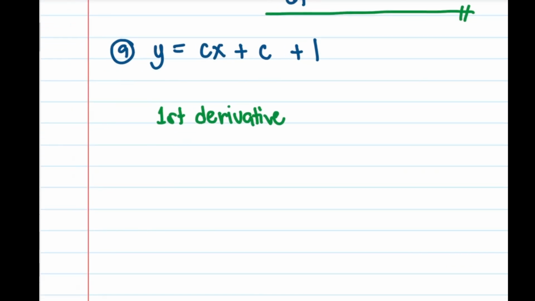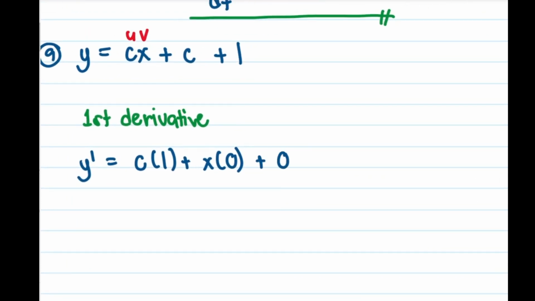The first derivative of this equation, y prime, is equivalent to, this one is u v, so u dv plus v du. u is c, derivative of x is 1, plus x multiplied to 0, because the derivative of a constant is 0, plus 0, the derivative of c.